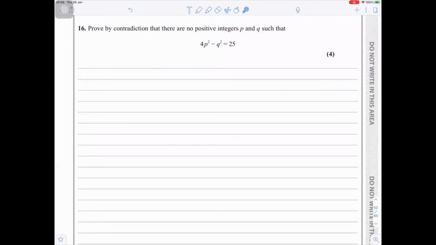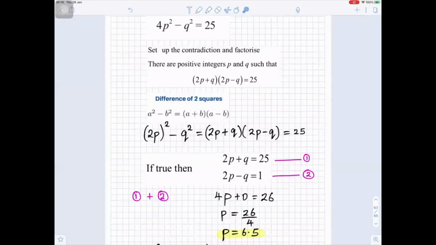Question 16. Prove by contradiction that there are no positive integers p and q such that 4p squared minus q squared equals 25. So we want to set up the contradiction and factorize. Suppose there are positive integers p and q such that (2p plus q)(2p minus q) is equal to 25. We are using the difference of two squares formula there.